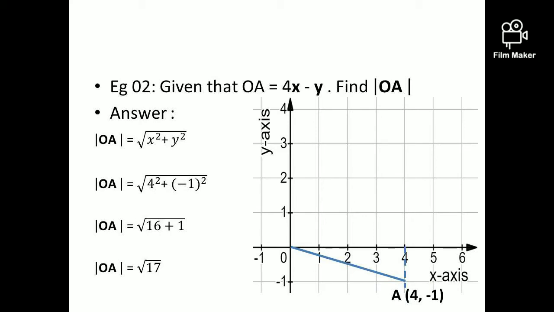Therefore, if we apply the formula, the modulus of OA equals the square root of x squared plus y squared, you can simply apply the figures: 4 squared plus, since the number in front of y is minus 1, you have to put minus 1, the whole thing squared. So you will get the final answer: the modulus of OA is the square root of 17.